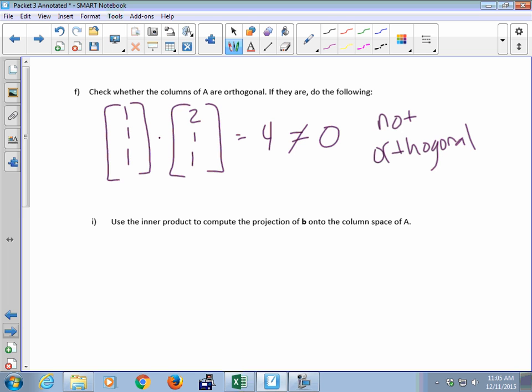That means the methodology from last class won't work in this case, and we had to use the normal equations. But if we did have orthogonal columns of A, you could proceed using the method we learned last class, and you can also use the method we just did.